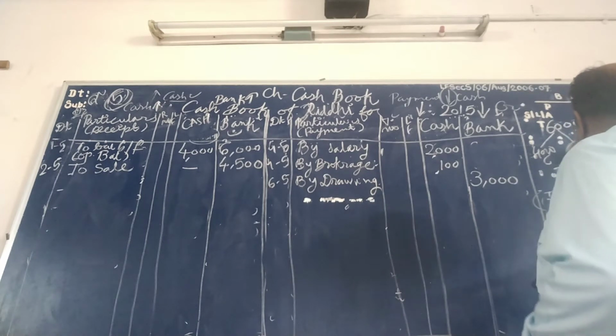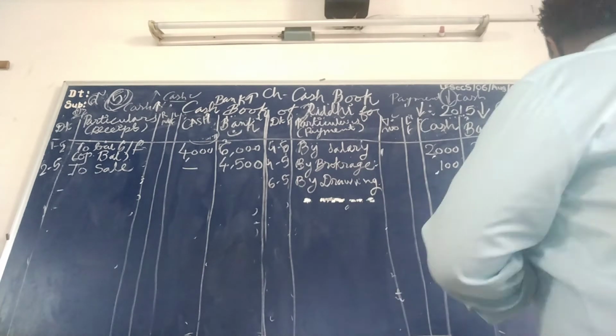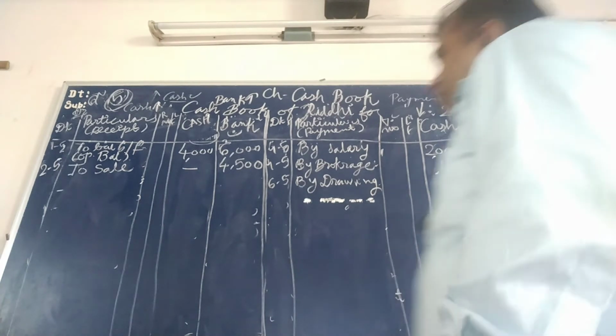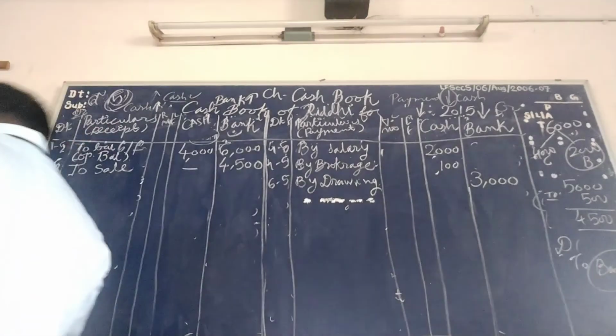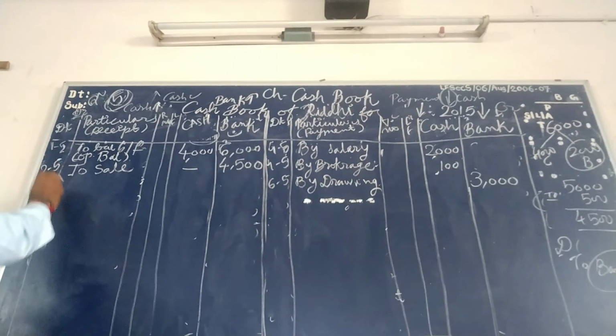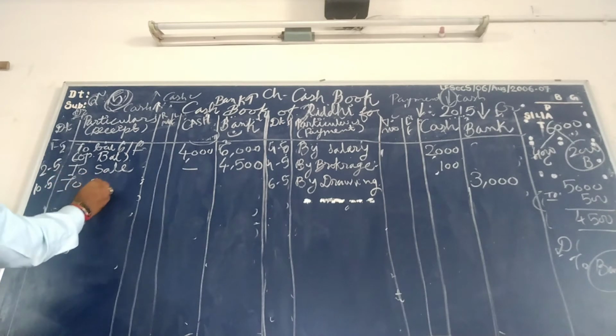So it is a bank transaction. We received the cheque of rupees 2,000, hence we received it in the form of sales. So we write here 10th of May, to sales.